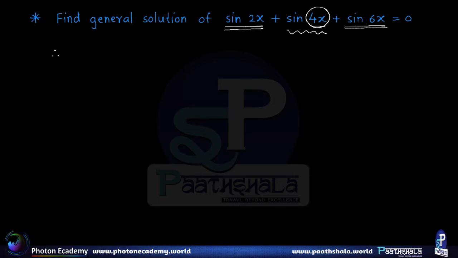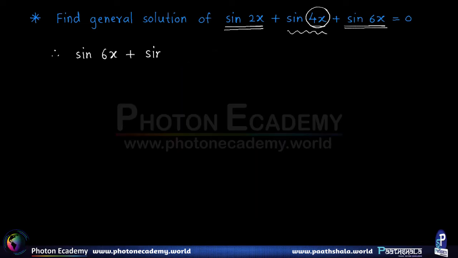So therefore let us rewrite the equation as sin 6x plus sin 2x, which we do first, and then we have plus sin 4x equal to 0.